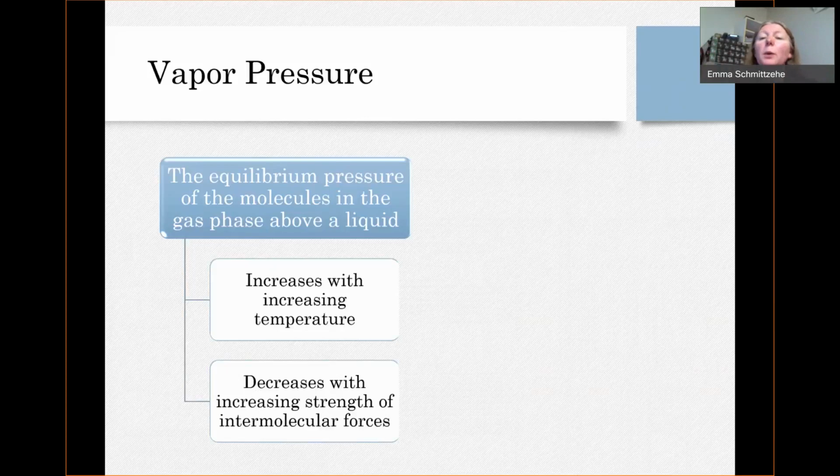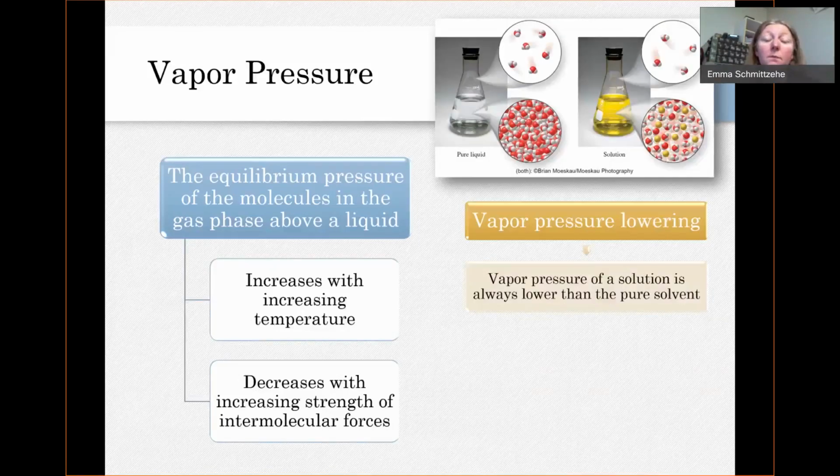But if we just consider we have this substance at a set temperature, what else can change the vapor pressure? And that would be dissolving something in it, okay? So it is a colligative property. If we dissolve something into this substance, it'll cause its vapor pressure to go down, okay? And basically, anytime you dissolve something into a liquid, the vapor pressure of that liquid goes down.